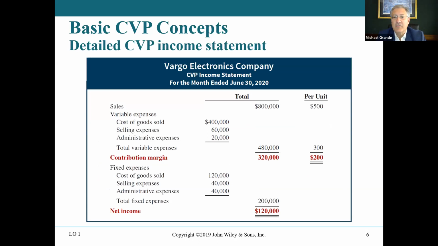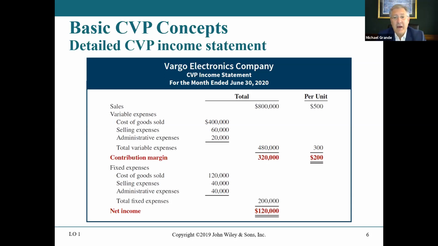This is an expanded version of the contribution format income statement. Sales and net income are the same. And what did they do? They just broke out the variable expenses for you. They're telling you variable expenses include cost of goods sold, selling expenses, and administrative expenses. Those are the variable portion of those items.